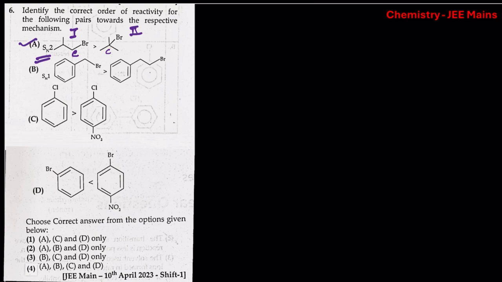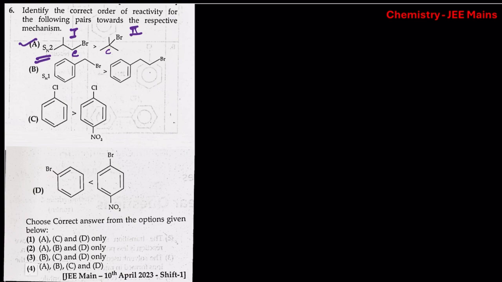The reason being, in primary alkyl halide the steric hindrance near the carbon atom which undergoes nucleophilic substitution is less in comparison to the tertiary alkyl halide. In the tertiary alkyl halide, the carbon which undergoes nucleophilic substitution is surrounded by 3 methyl groups. So there is a lot of steric hindrance, because of which it does not undergo nucleophilic substitution by the SN2 mechanism. So the order shown in option A is correct.